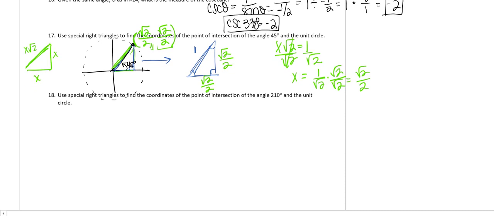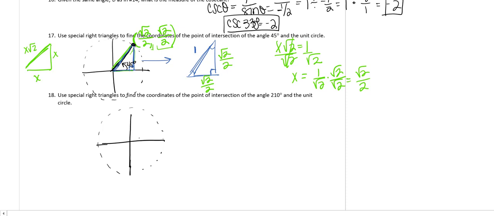Last but not least, use special right triangles to find the coordinates of the point of intersection of 210 and the unit circle. We get to see my lovely drawing skills one more time. Honestly, again, it's not the end of the world. Okay, 210.